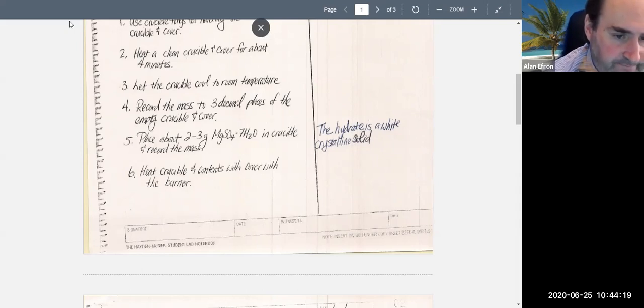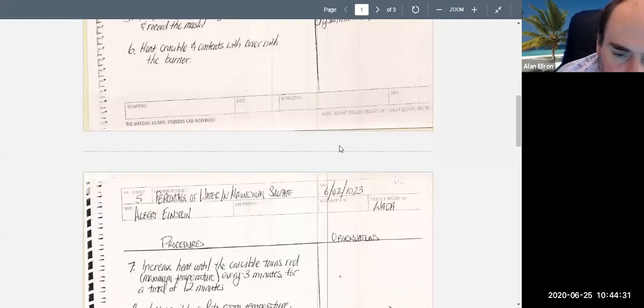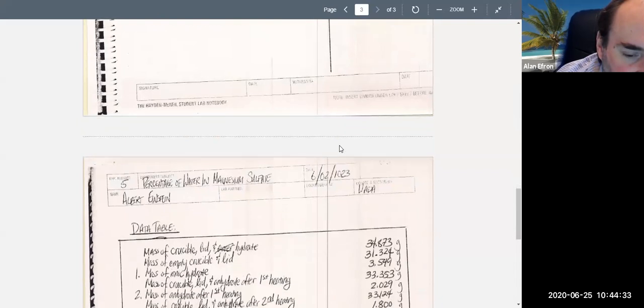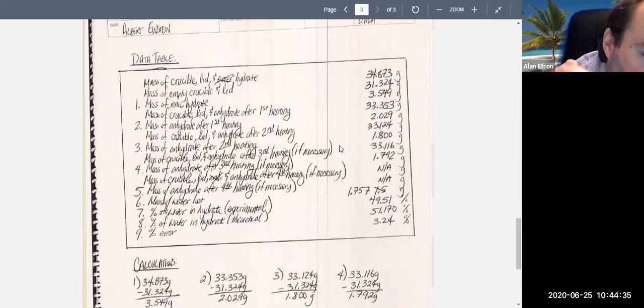But in terms of filling it out, as you can see, as you go through the experiment, there are some observations that you should have in there. And again, more observations. And you can see, because he arranged this nice data table as he went through the experiment, he obviously was filling in the information.